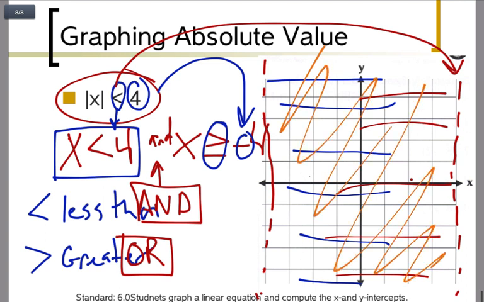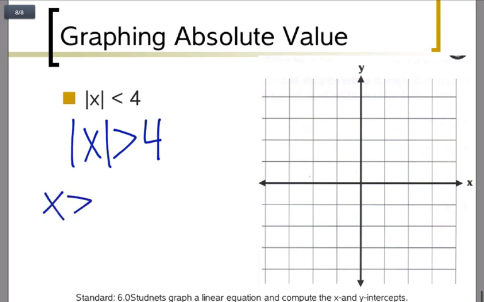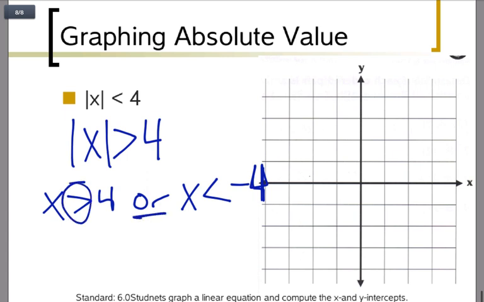Now, if the absolute value of x was greater than 4, then what you would do is say that x is greater than 4 or x is less than negative 4. Okay, so the sign greater means you use an or in the middle, and it changes this sign here.